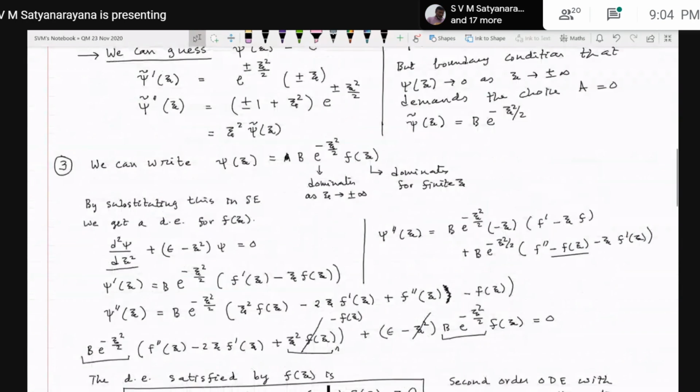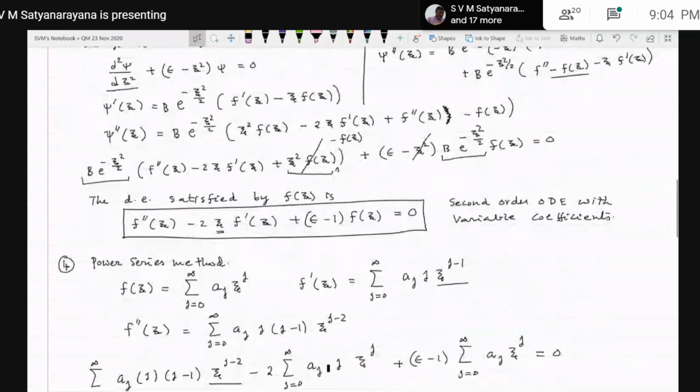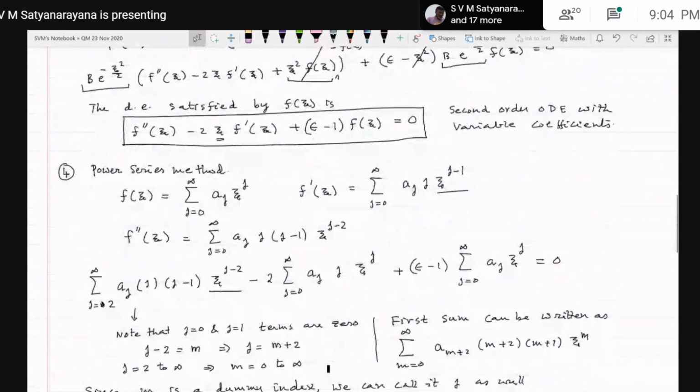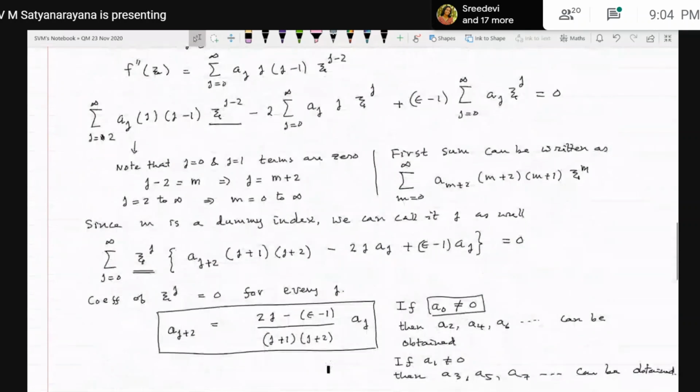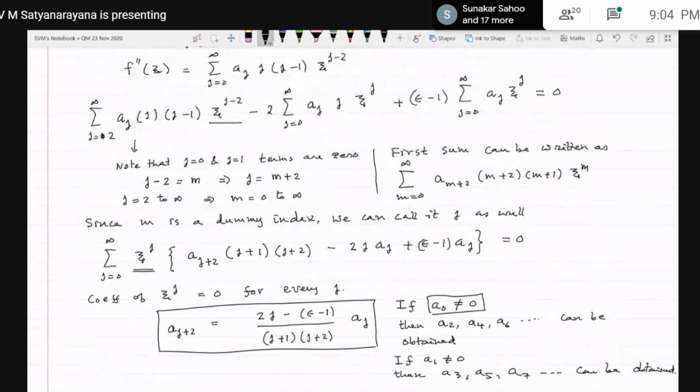This recurrence relation that we have talked about is in general true for any j. This is true for any j.